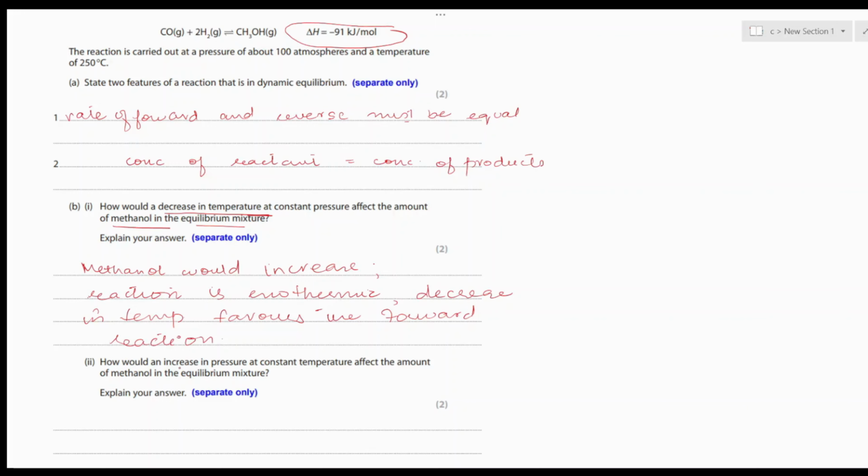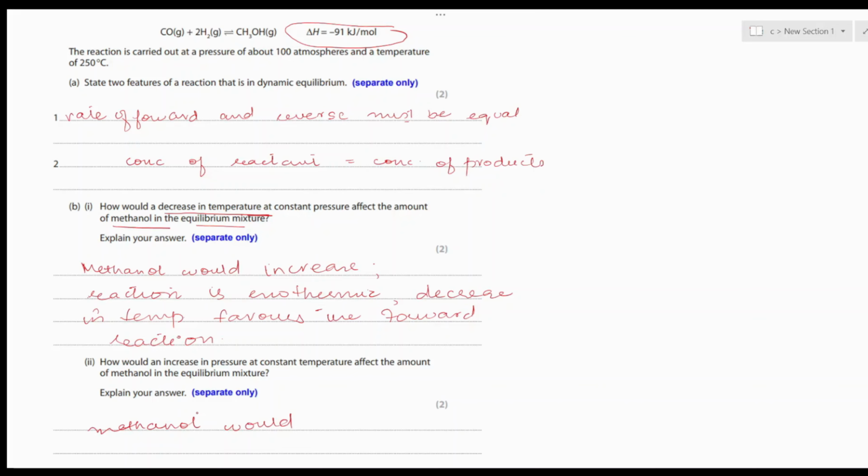Okay. How would increase in pressure affect it? Increased pressure moves the reaction towards the lesser moles. So would methanol increase or decrease? Which side has the lesser moles? Left or right? Right. So the reaction would move in the right direction.